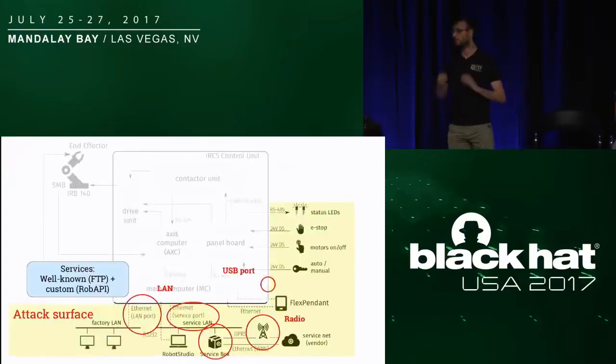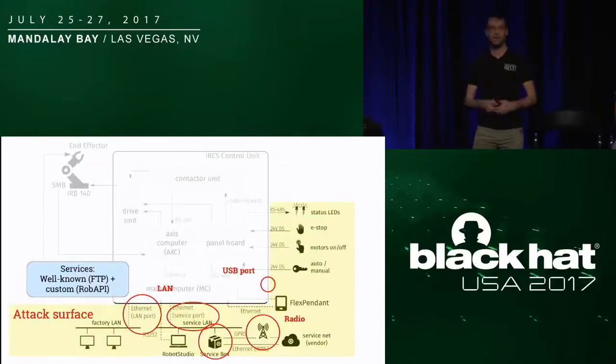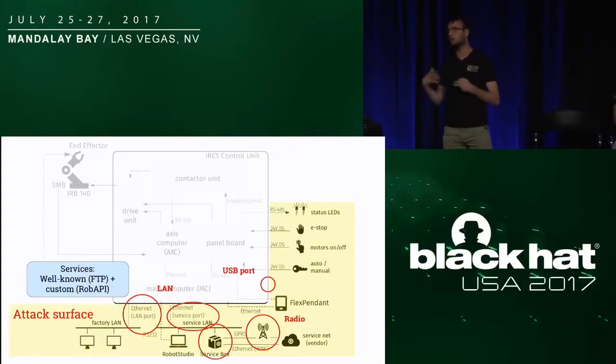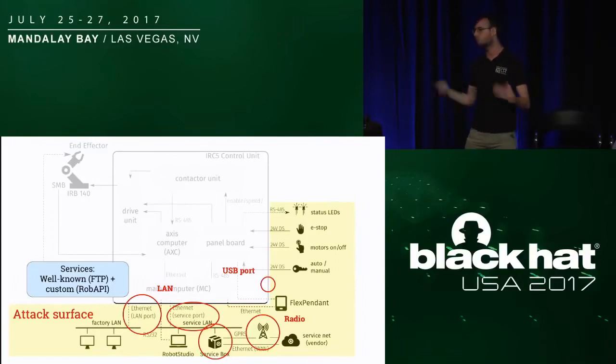So let's go back to the attack surface of the robot. As we told you before, the component of the robot controller that exposes the most attack surface is the main computer. The main computer exposes a lot of network services, and it is the component that is the gateway between the external world and the controller.